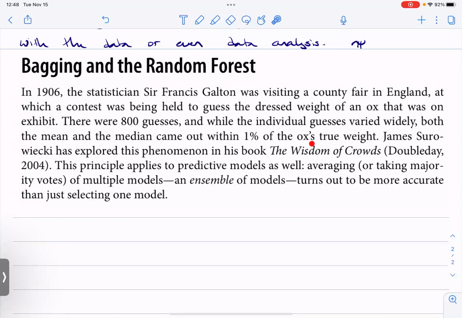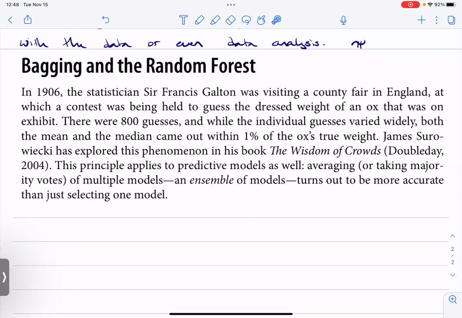So we've seen this with the central limit theorem, where even though our individual guesses are all over the place, if we look at the mean or even the median in this case, they were very, very close to the true weight, right? James Surowiecki wrote The Wisdom of Crowds, which is basically what we're going to do when we introduce bagging.